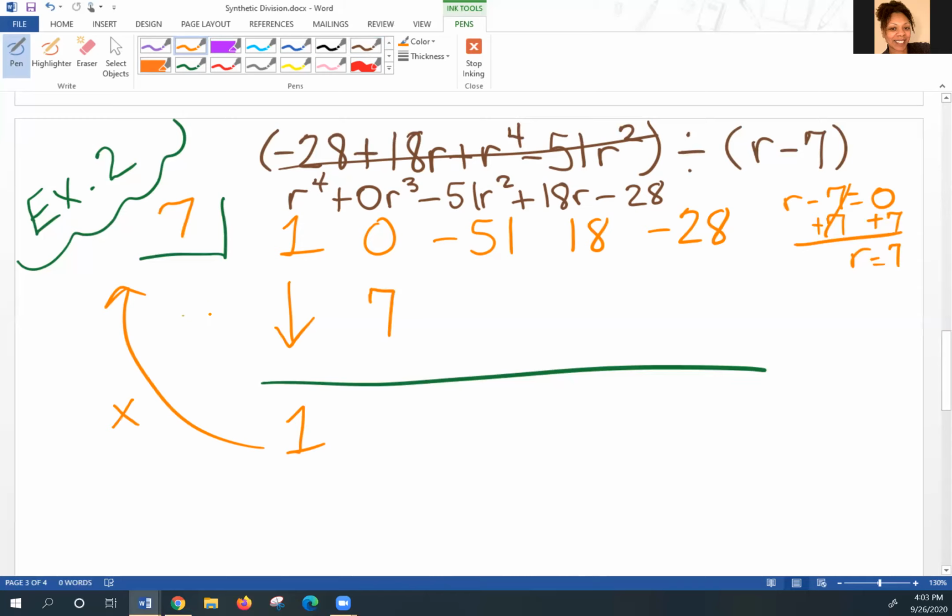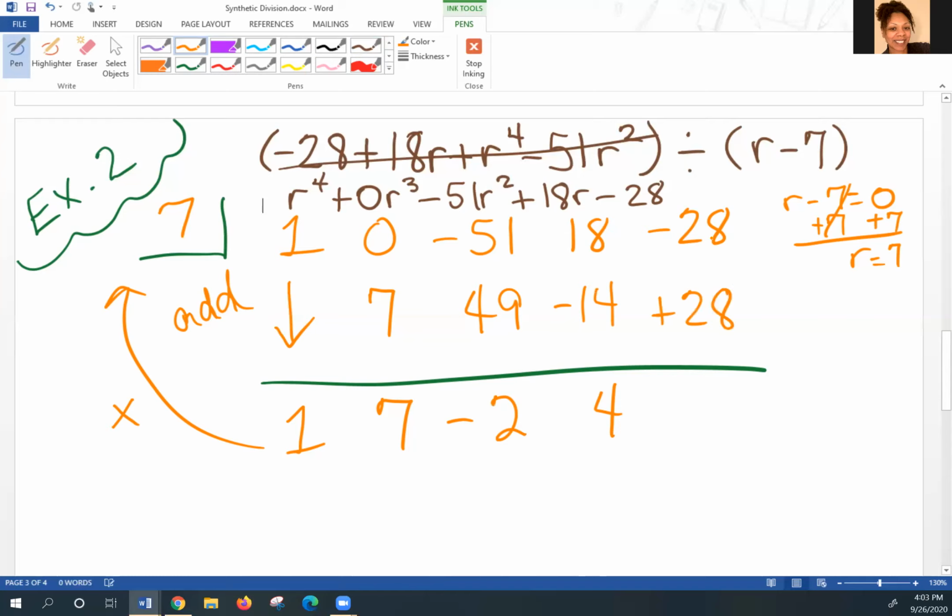Everything above the line will be added down. 0 plus 7 is 7. 7 times 7, positive 49. Negative 51 plus 49 is negative 2. Negative 2 times 7, negative 14. 18 minus 14, positive 4. 4 times 7 is positive 28.